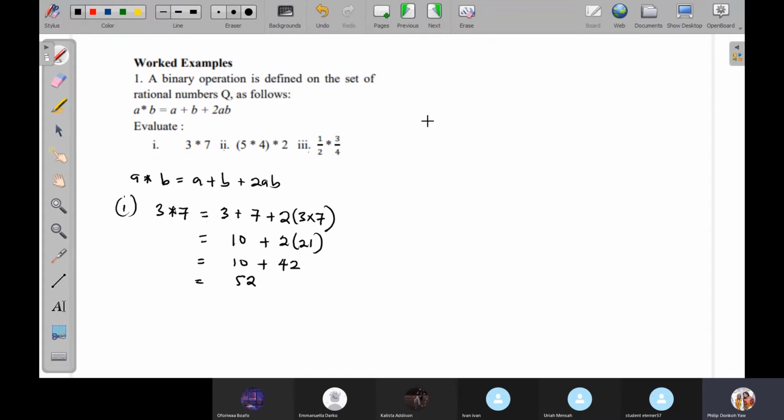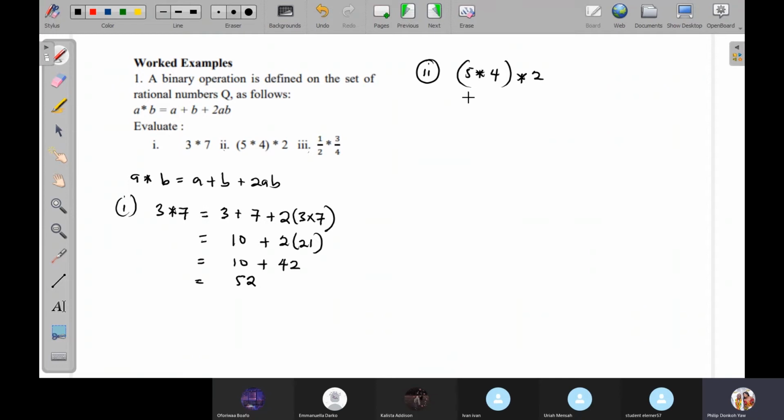The next example, which is II, we have 5 star 4 star 2. This time, how many elements are we working with? We have 3 elements. With respect to binary operation, we are dealing with 2 items at a time, so we are not going to use all the 3 elements at the same time, but we use them 2 at a time.